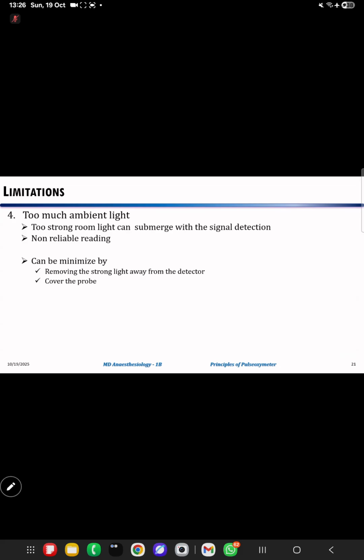You can minimize this problem by moving the strong light away from the detector or covering the probe. But usually the advanced machines using proper technology don't have this problem.